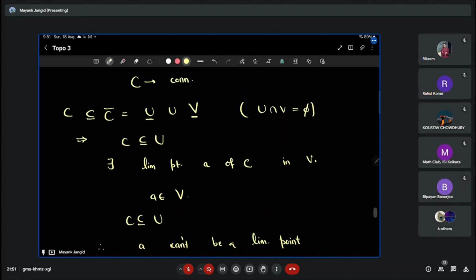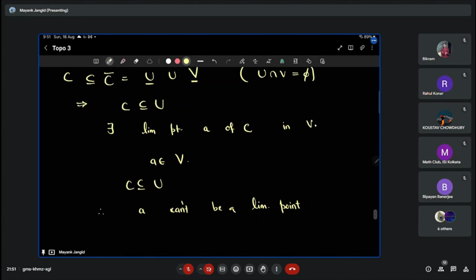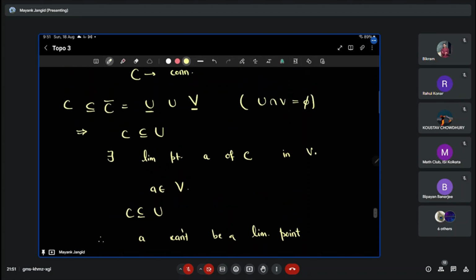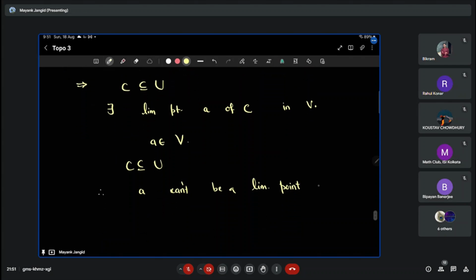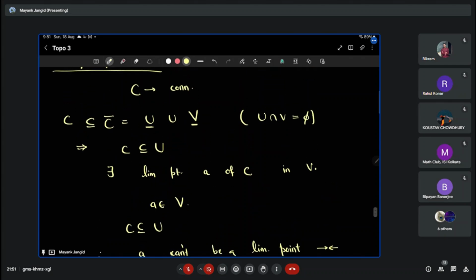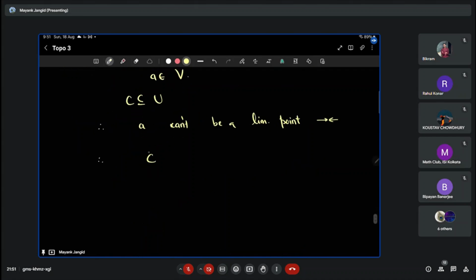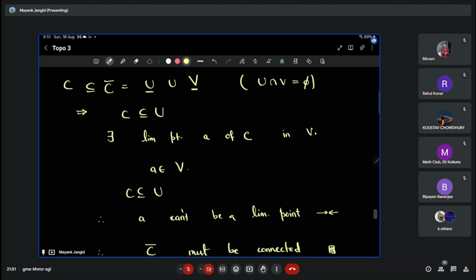So this is a contradiction. Therefore, C closure must also be connected. Okay, should I go over the proof once, or is it clear to everyone?